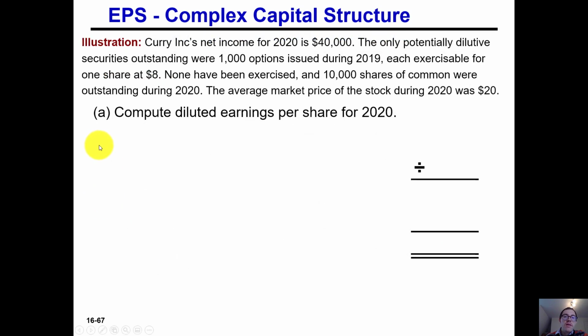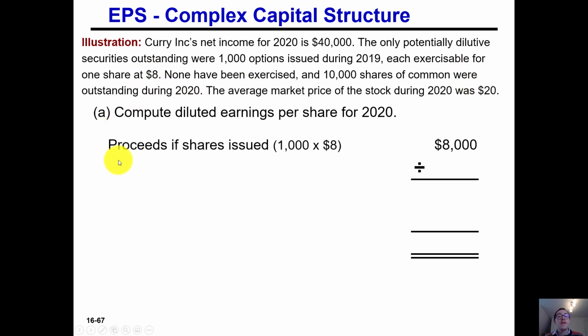So for part A, here's what we're going to do. If they exercise their options, they still have to pay some money. It's a great deal, I admit, the stock is trading at an average of $20 a share, but they still have to pay $8. So the company does get $8,000.